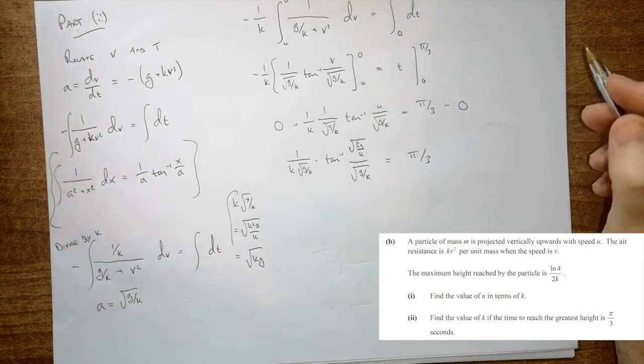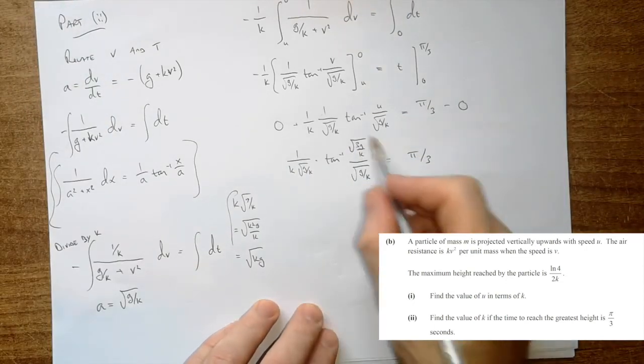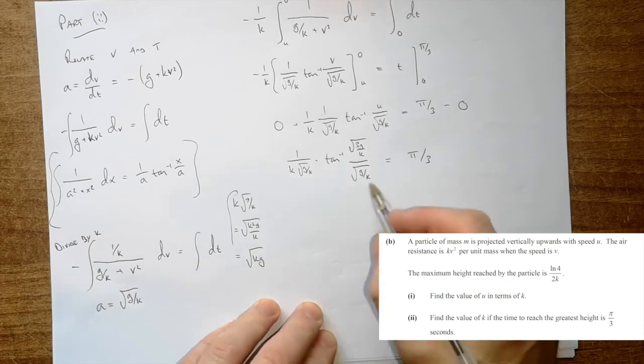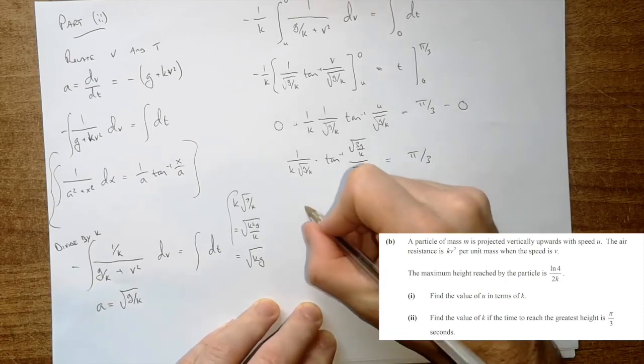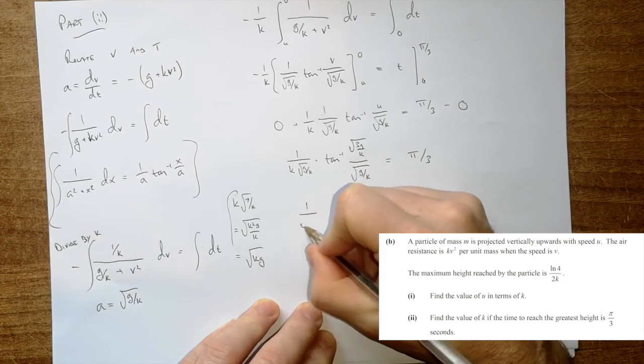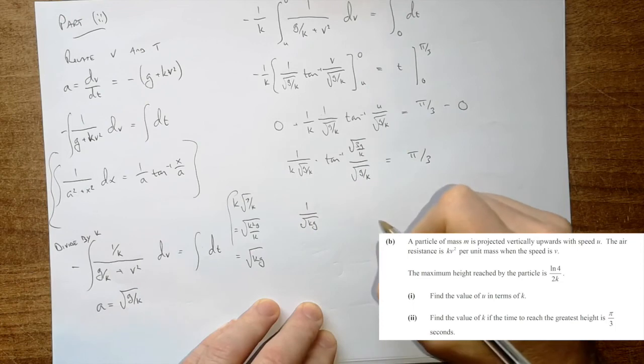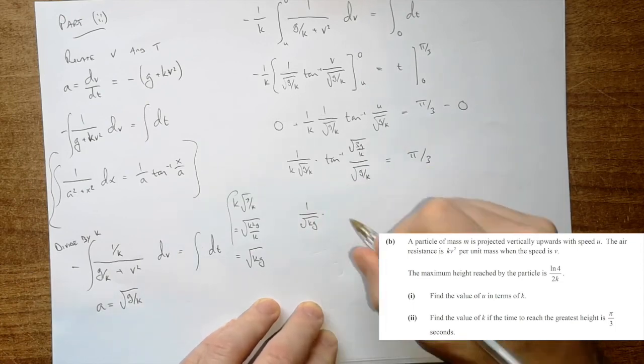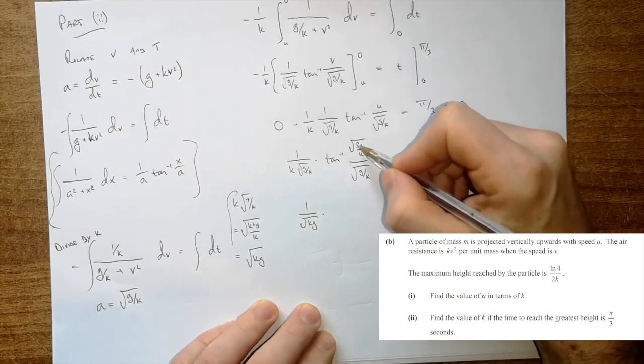Okay, now this is about as ugly as you'll get in these, certainly as ugly as I've seen in a long time. So what do we have here? We have 1 over the square root of kg. In hindsight I'd write that as gk, just in case you're thinking we're working in units. What about this one here?